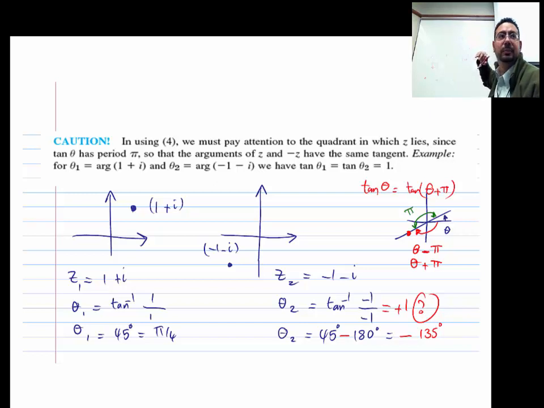What's 5 over 3? That's 1.6666, 1.66666. So if you give the calculator this number, the calculator will probably tell you, let's see, negative 59.03, minus 59.